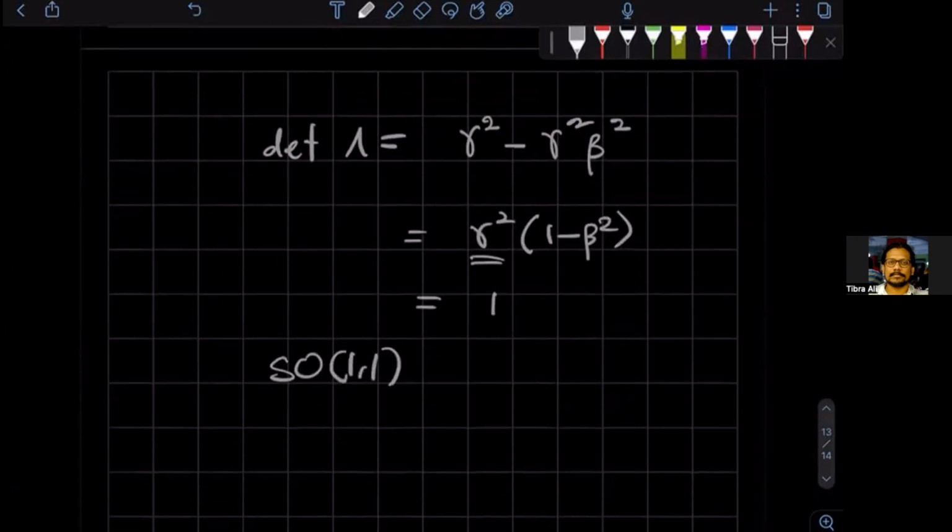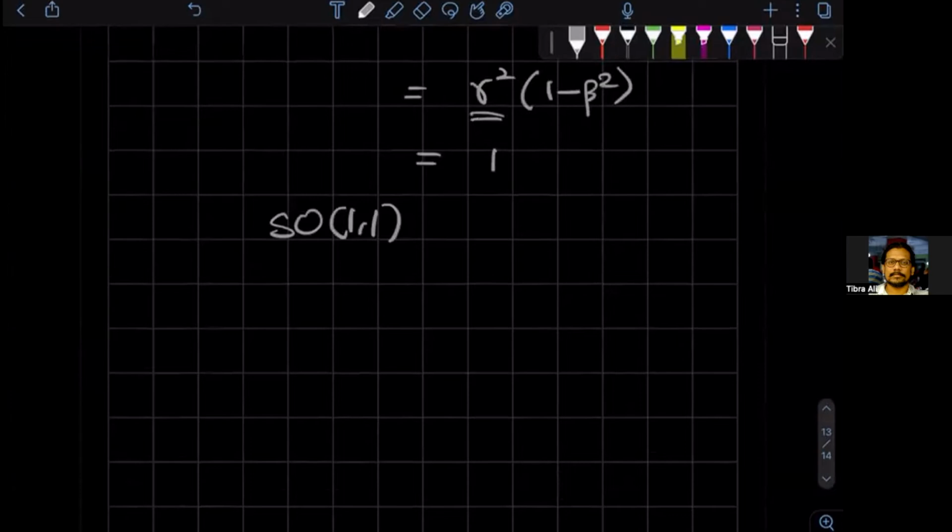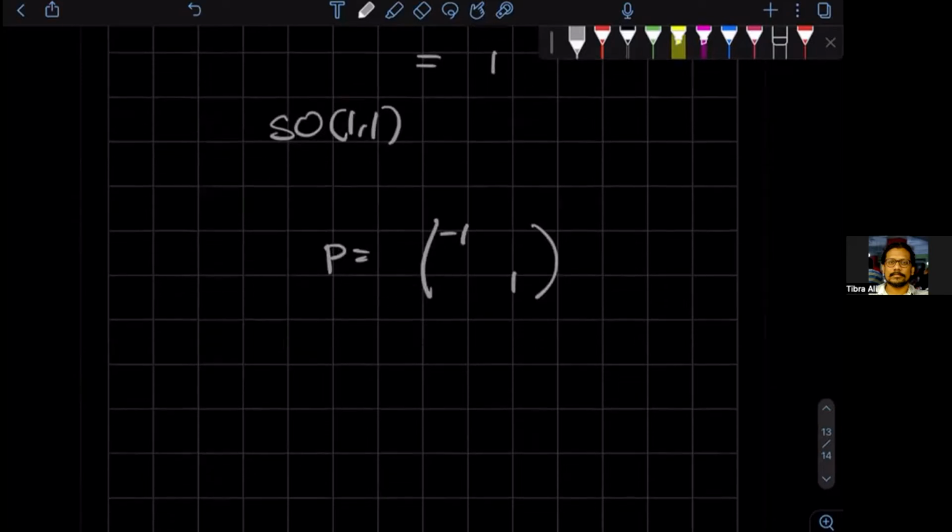So there are transformations such as parity which are not going to be part of it. So for example, this is time reversal, so this should be called T. What this does is that it takes a future pointing vector to a past pointing vector and vice versa.